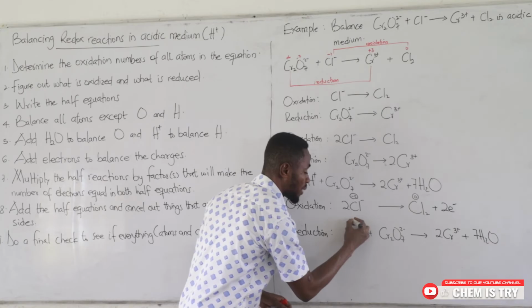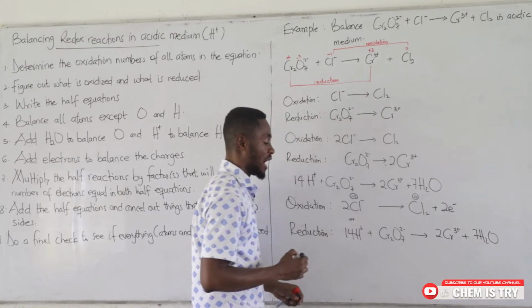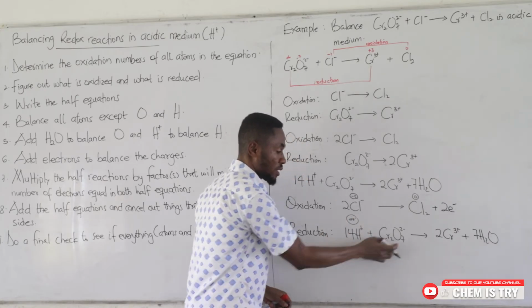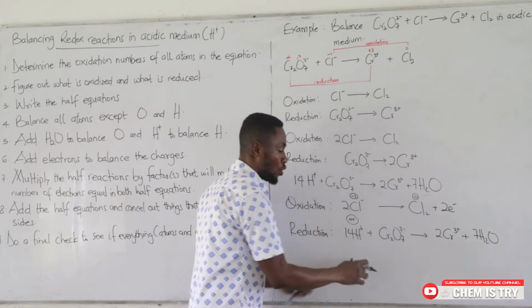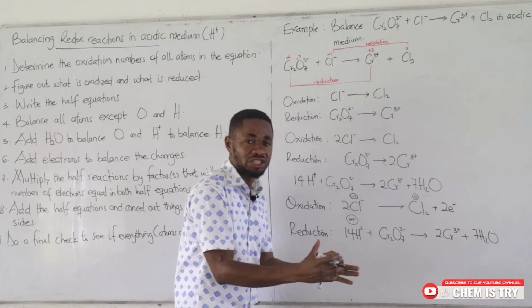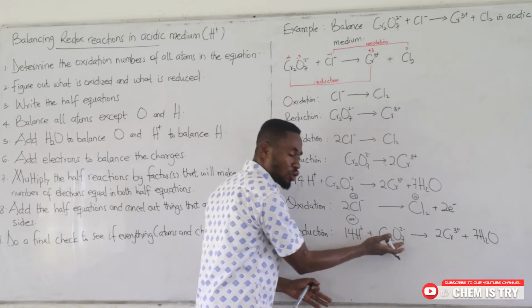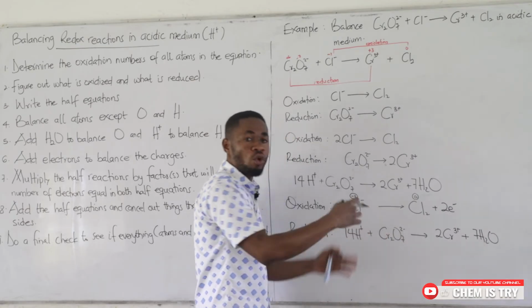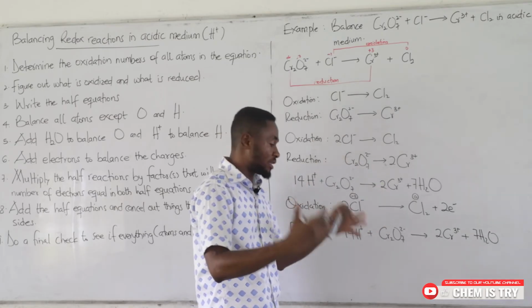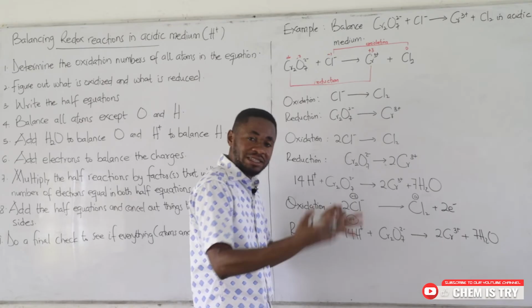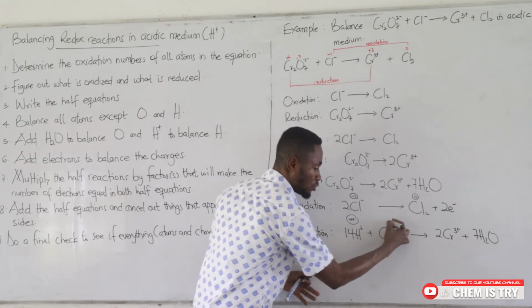So we have +14 charge over here. Over here, this is a complex ion. So the sum of the oxidation numbers of the various atoms in a complex ion will be equal to the charge carried by the ion. And the charge carried by the ion is -2.